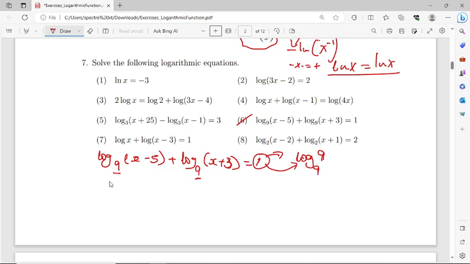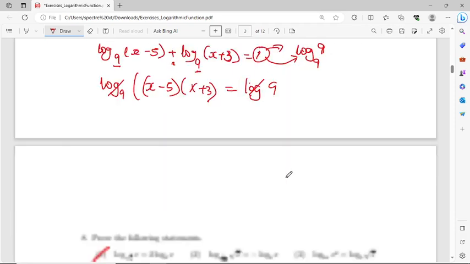So when you have done that, then you can now use laws of logarithm. You factor log base 9 here, so you'll have x minus 5 times x plus 3, because this addition is now multiplication, is equal to the other side, log 9. Okay, so you can cancel out the logs, and then you have x minus 5 times x plus 3 is equal to 9.